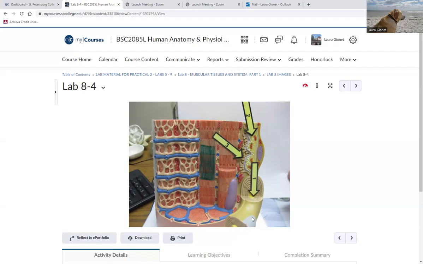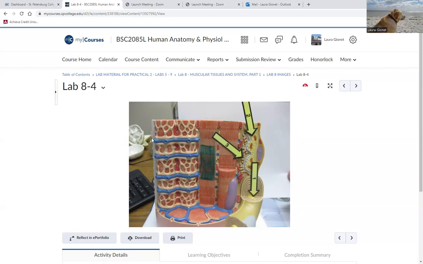All right, so when the impulse travels down number 1, it arrives at 2, and those little white balls merge with the membrane and release the acetylcholine into this gap area. And then it's going to bind to the surface of this skeletal muscle cell or fiber, so that now an impulse travels within that cell.